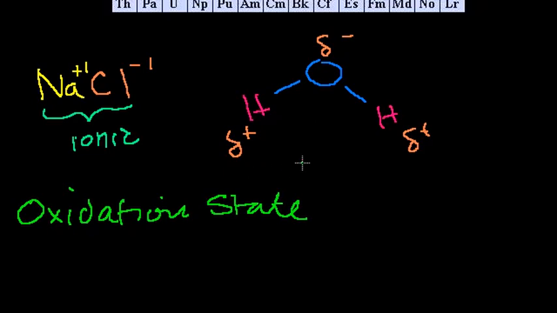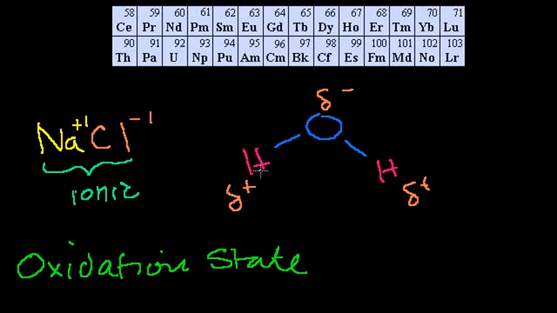Who would gain the electron and who would lose the electron? So in the case of water, if you were forced to say, okay, who gained the electron, you'd say oxygen gained 2 electrons from the hydrogens, and the hydrogens lost each 1 electron to the oxygen. So the hydrogen would have a +1 charge, each of them, and then the oxygen would have a -2 charge.